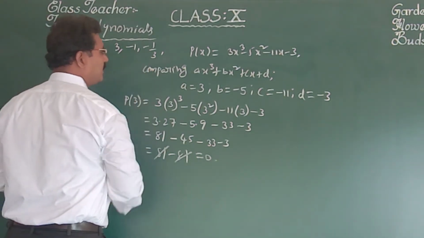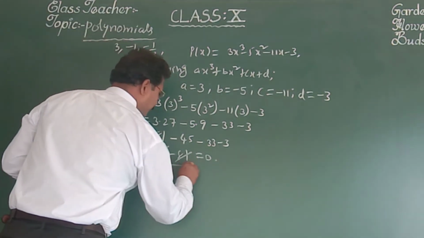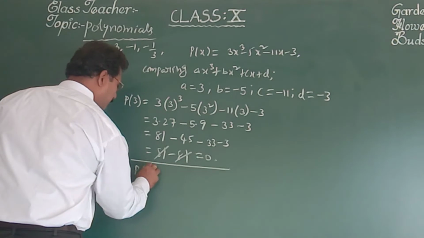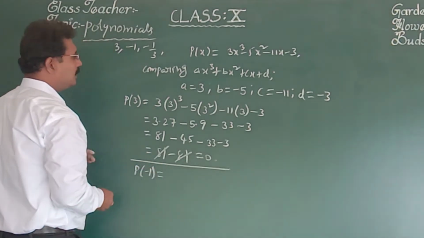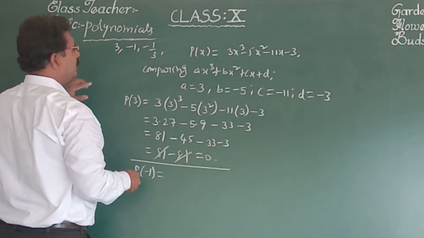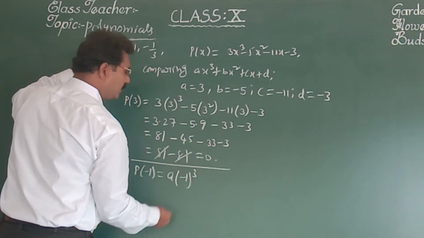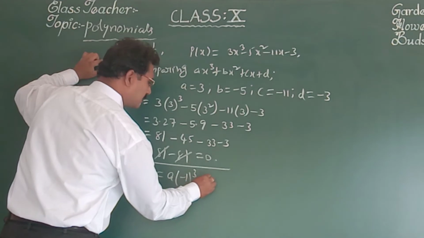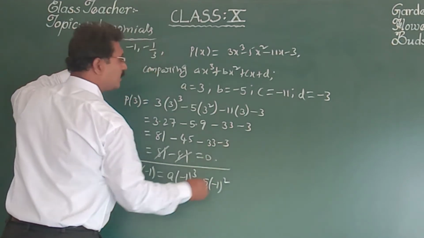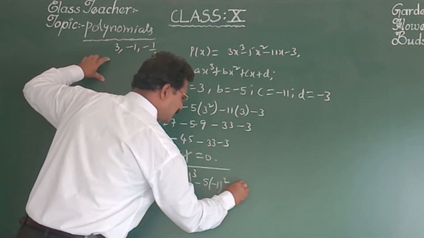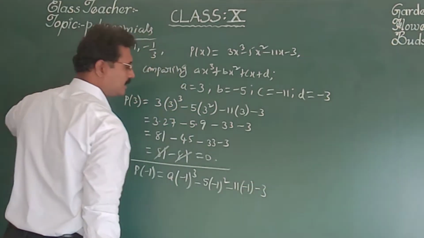Let us test P of minus 1 next. Now P of minus 1 is equal to, substitute: 3 into minus 1 whole cube, minus 5 into minus 1 whole square, minus 11 of minus 1, minus 3.